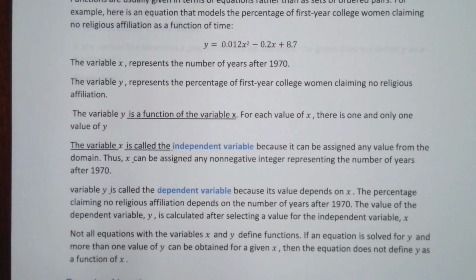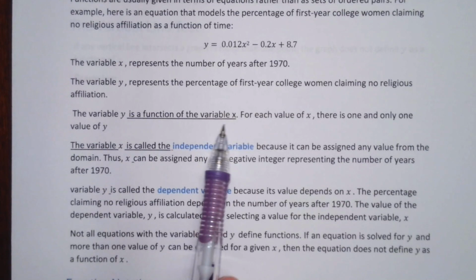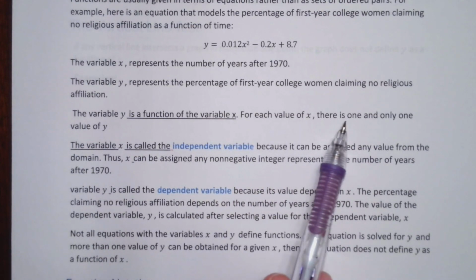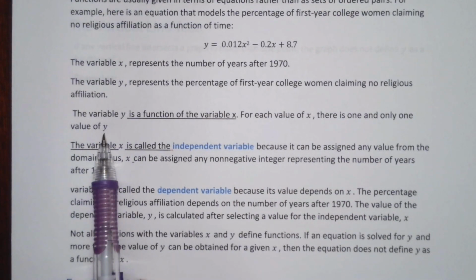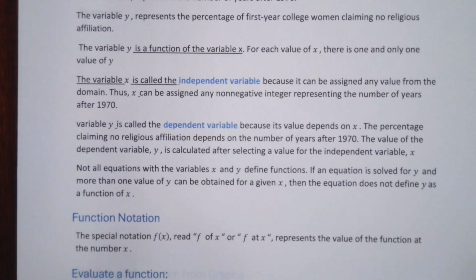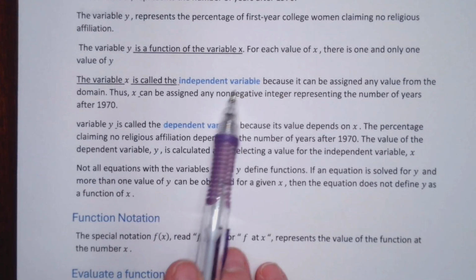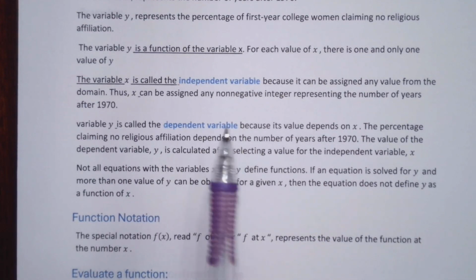We've got some verbiage here where it says the variable y is a function of a variable x. For each value of x, there is one and only one value of y. Okay, so same thing for being able to call it a function. The variable x is also called the independent variable. The y variable is called dependent.